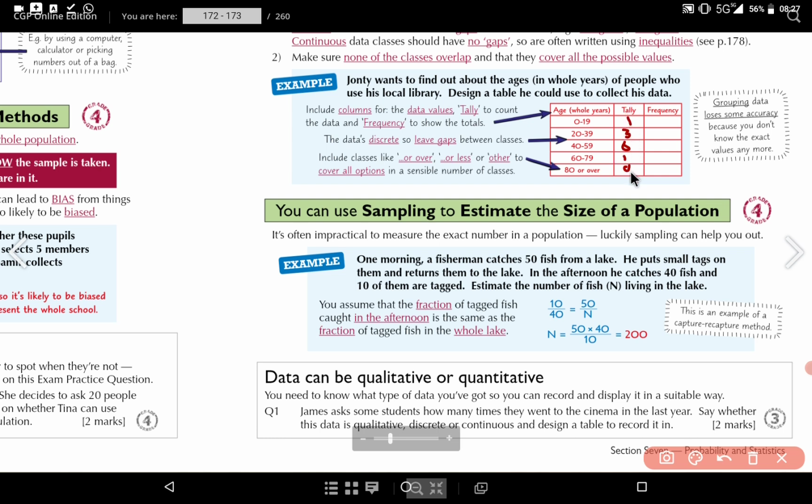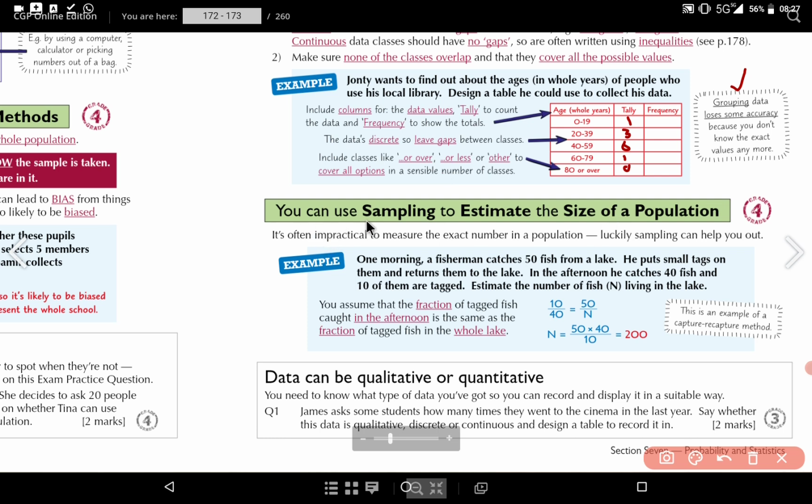So these are the actual numbers, okay, and then the frequency just shows the total. The data is discrete, so we leave gaps between classes. So this one we call grouped type of data.